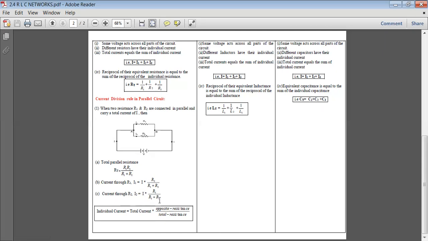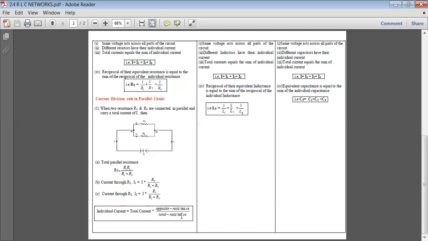Now what is the general formula? We have to make a sentence and put it in the box. Individual current is equal to total current into opposite resistance by total resistance.